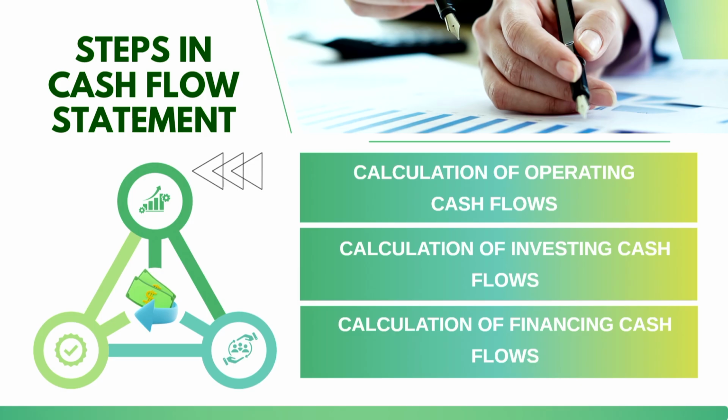We are going to deal with this in a detailed way later on. Then the third step is the calculation of financing cash flow. It simply represents the cash inflows and outflows related to financing activities that are getting executed in the business organization.